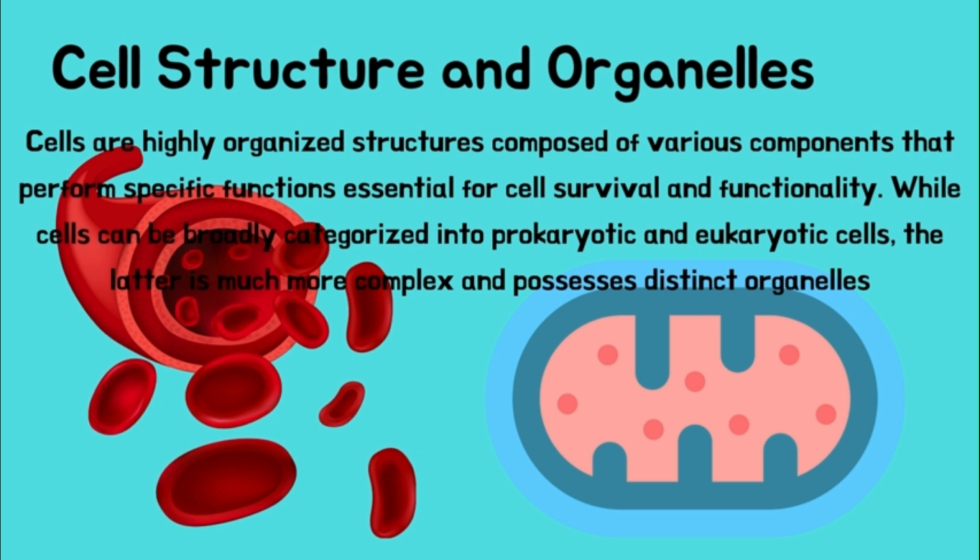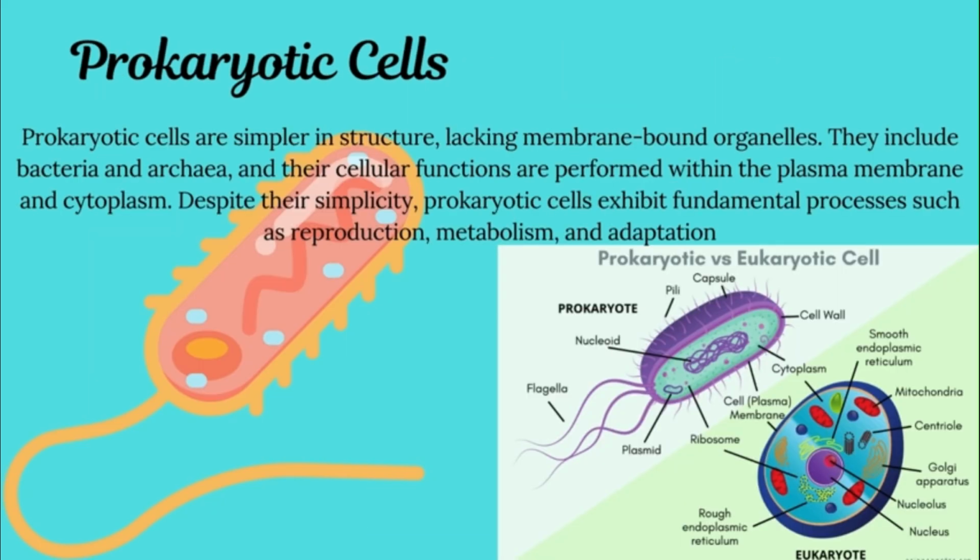Cell structure and organelles. Cells are highly organized structures composed of various components that perform specific functions essential for cell survival and functionality. While cells can be broadly categorized into prokaryotic and eukaryotic cells, the latter is much more complex and possesses distinct organelles. Prokaryotic cells.